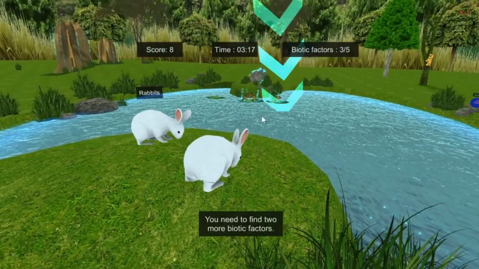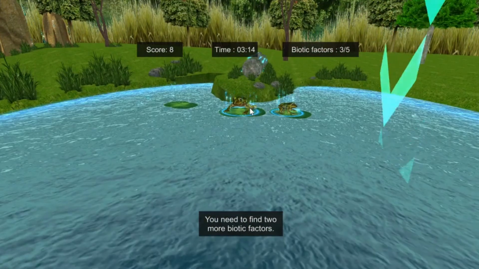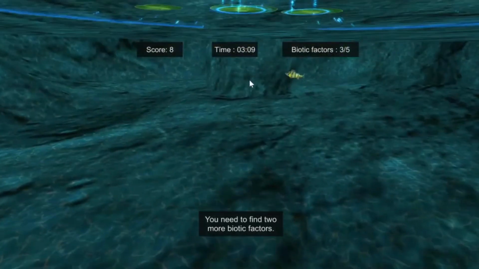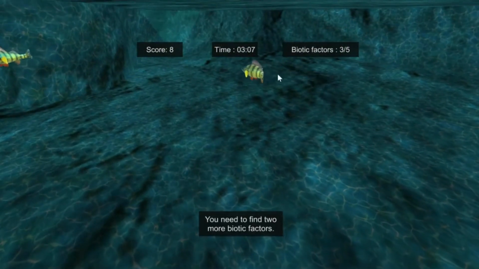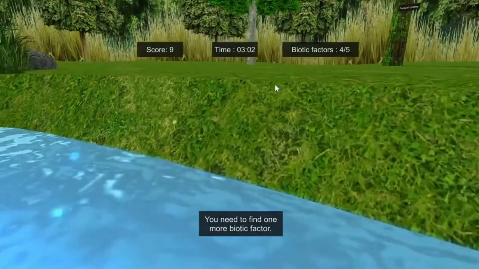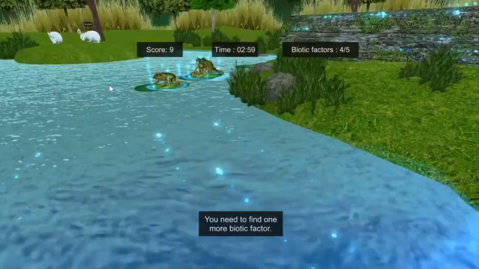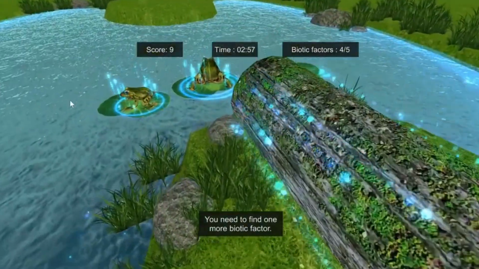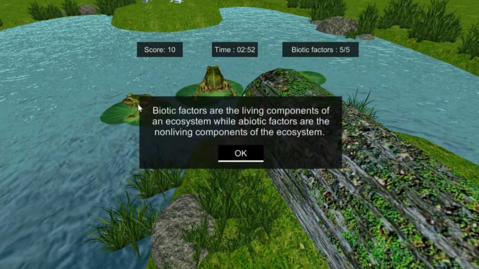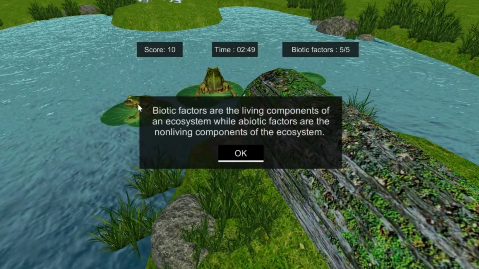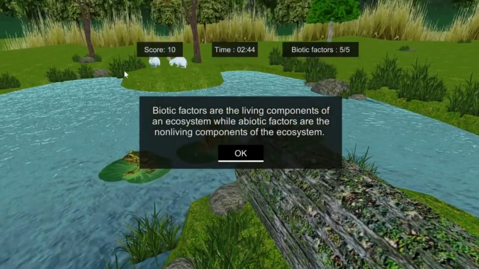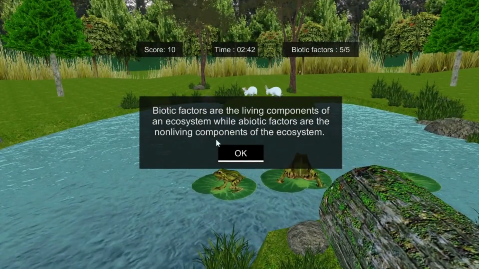Correct. You need to find 2 more. Correct. You need to find 1 more biotic factor. Right. Biotic factors are the living components of an ecosystem, while abiotic factors are the non-living components of the ecosystem.